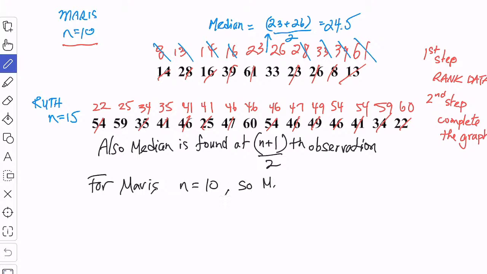So the median is at the (n+1) divided by 2, or 11 divided by 2, or the 5.5 position.